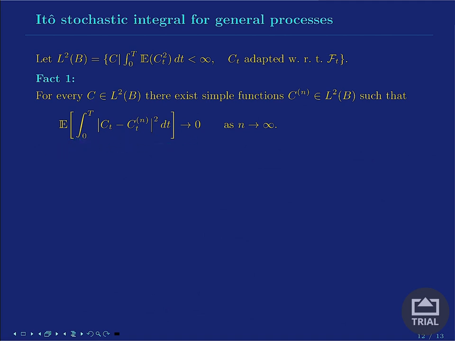So we have the difference between the limit and the functions, absolute value squared and integrated, and then, as we have random variables here, taken the mean of, and we can find here a sequence of simple functions such that this here converges to 0.